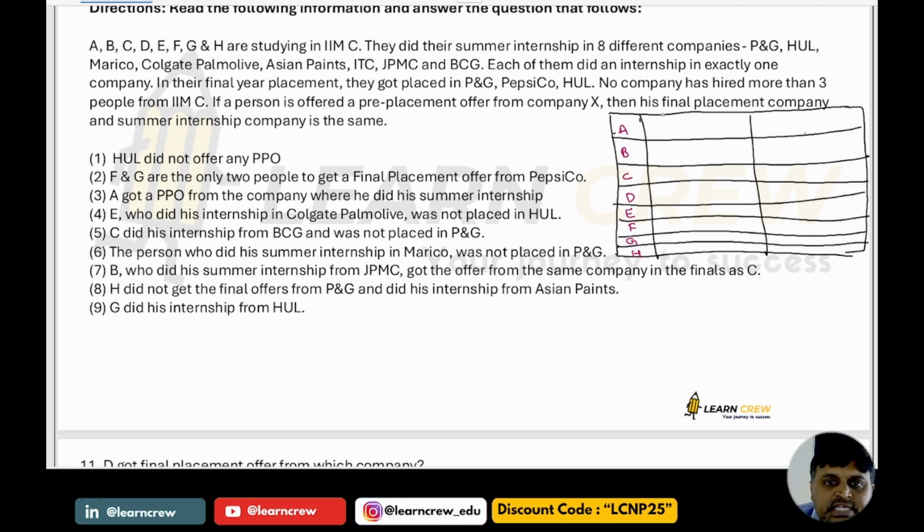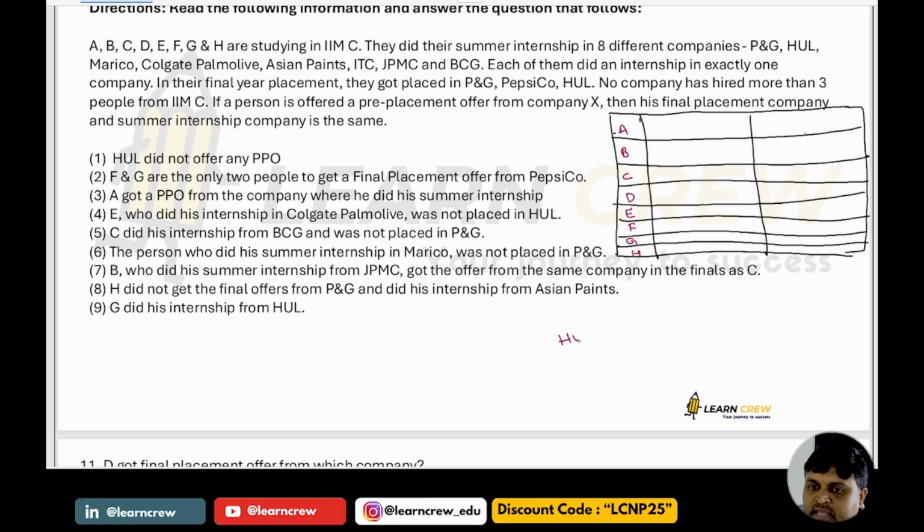If a person is offered a pre-placement offer from company X, then his final placement company and summer internship company are the same. So HUL did not offer any PPO.